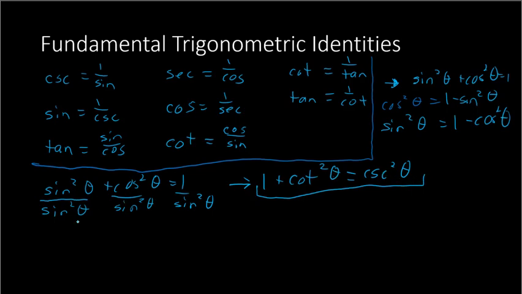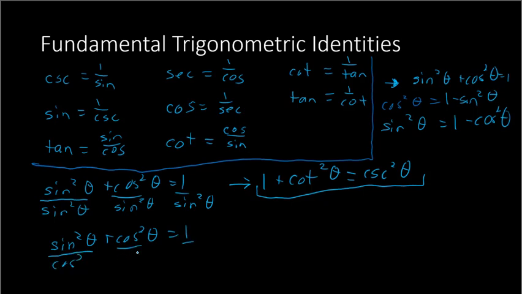Now another one we can get from this is, again, if we take that original identity, sine squared theta plus cosine squared of theta equals 1, and we divide everything by cosine squared.